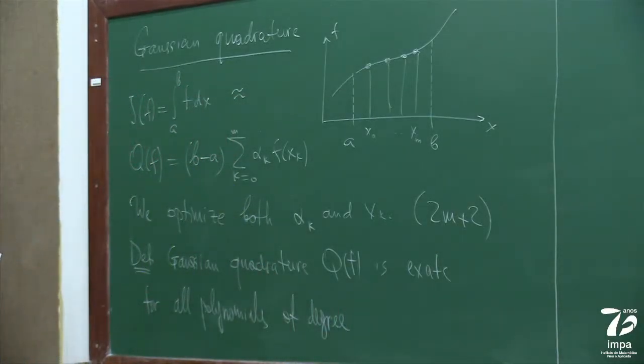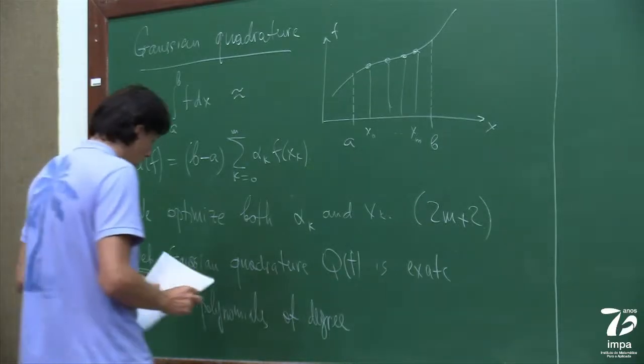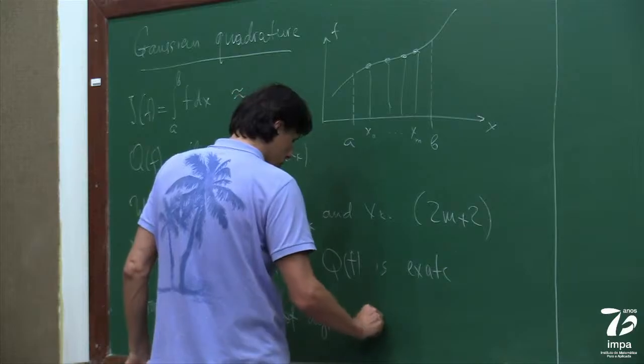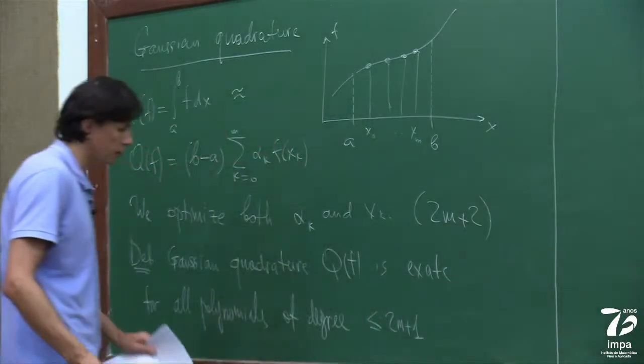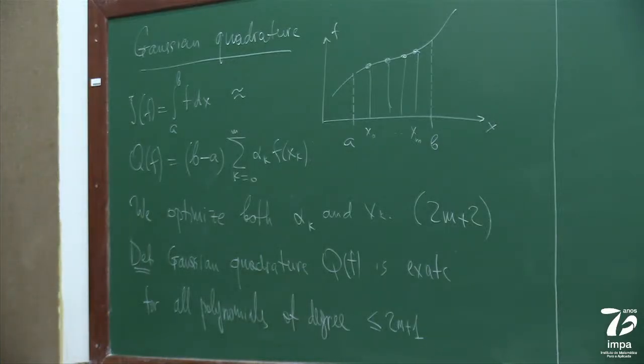We have 2m plus 2 free coefficients, which means that we can afford polynomials of degree smaller or equal than 2m plus 1. This is exactly the space of polynomials that has 2m plus 2 free parameters.